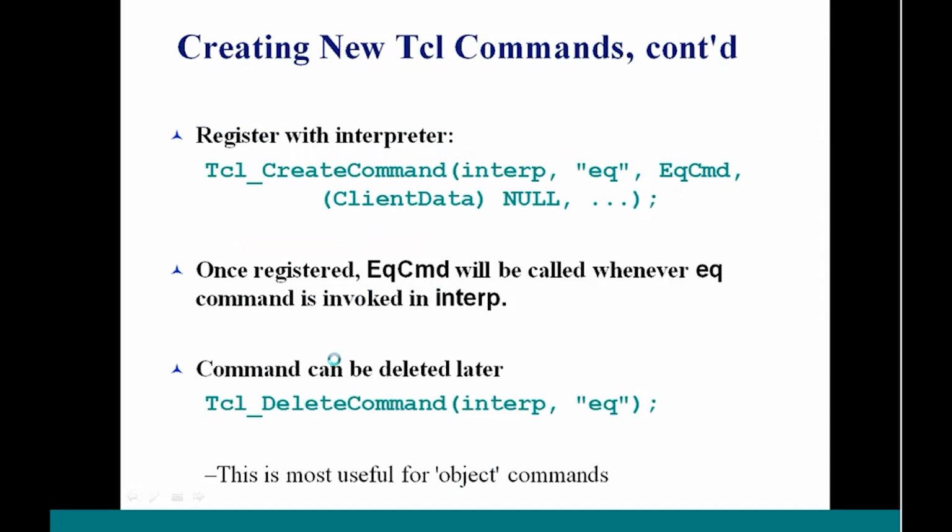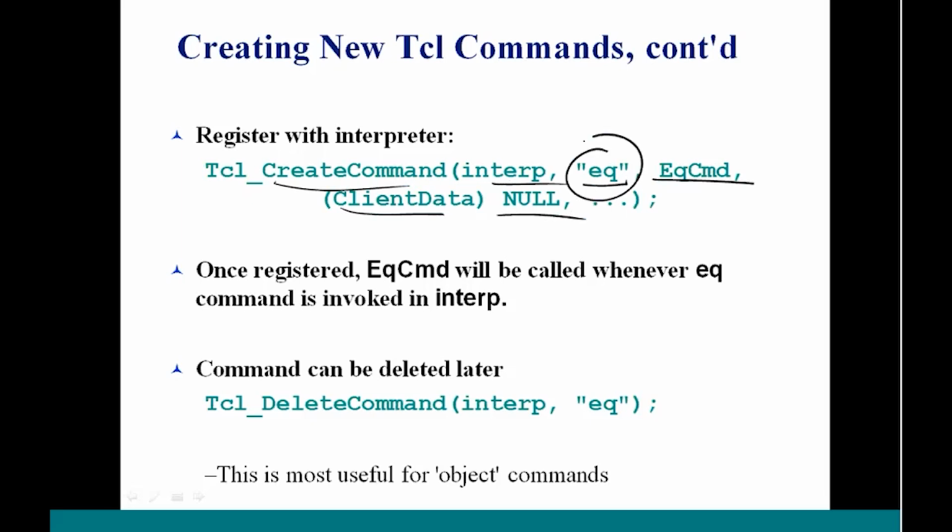So now, to register with the interpreter, we need to call Tcl_CreateCommand with interp, "eq", EqCmd, clientData, and NULL. So once we register, the EqCmd will be called whenever eq is invoked in the interpreter.